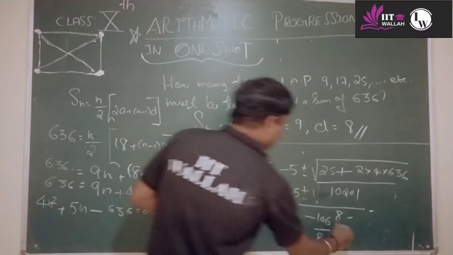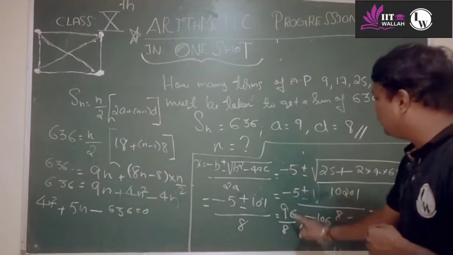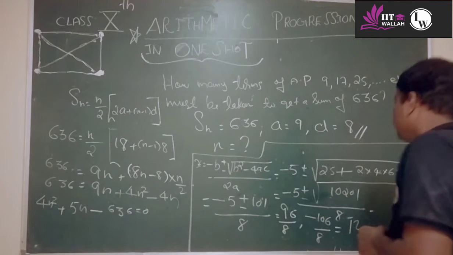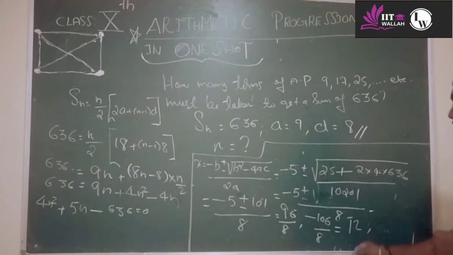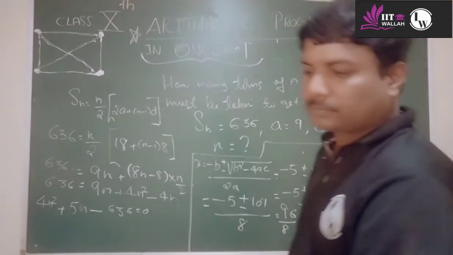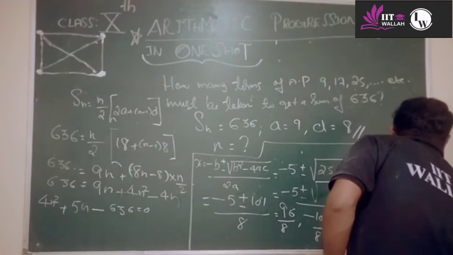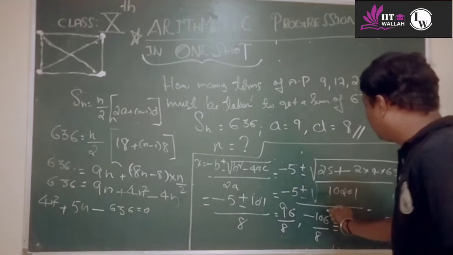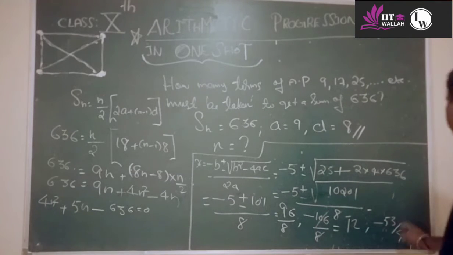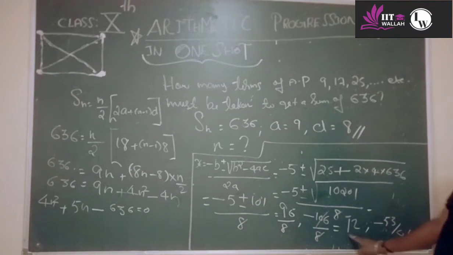Two values are there. 96 by 8 is 12. And this one is minus 53 by 4. If you cancel 2, you will get minus 53 by 4. So here two values we are getting, 12 and a fraction.